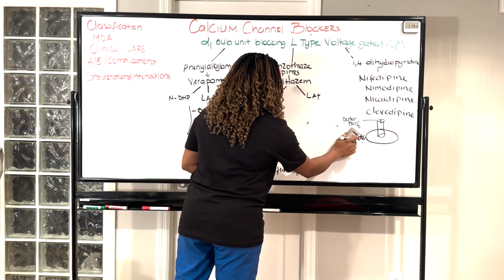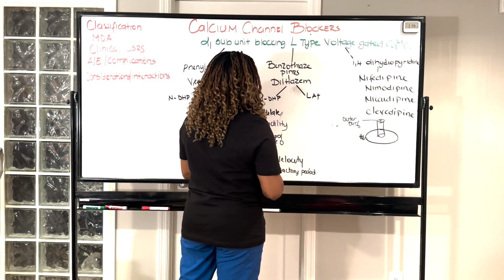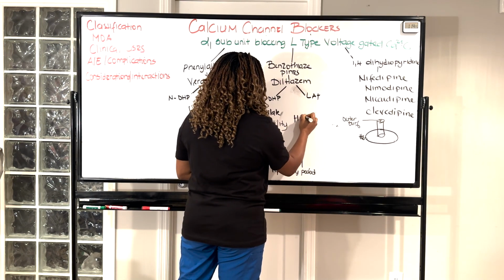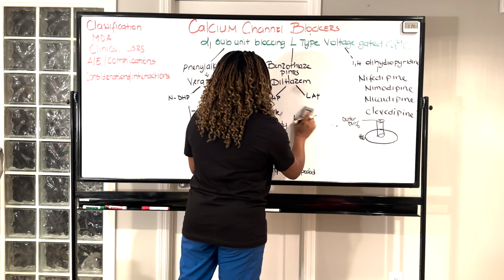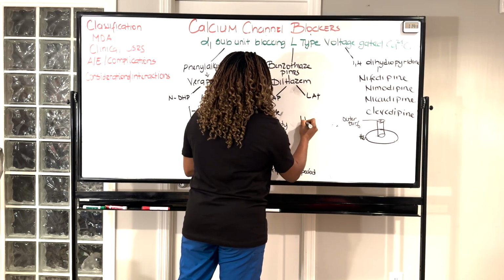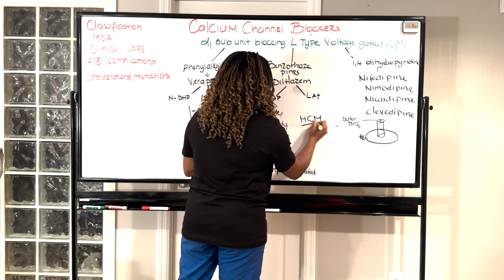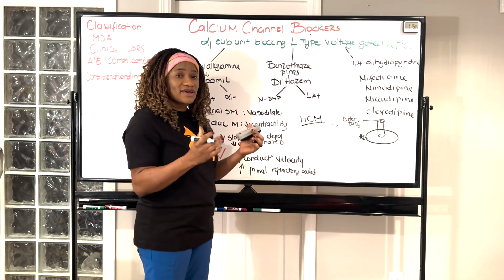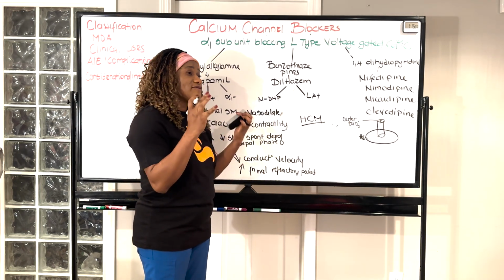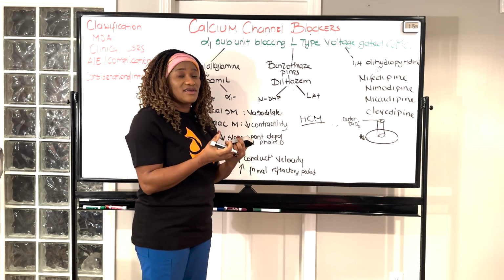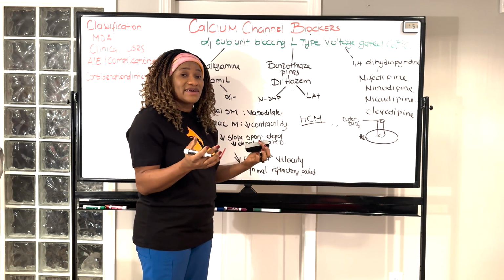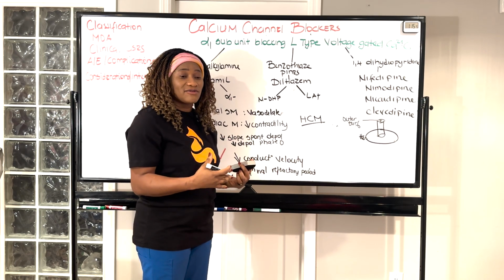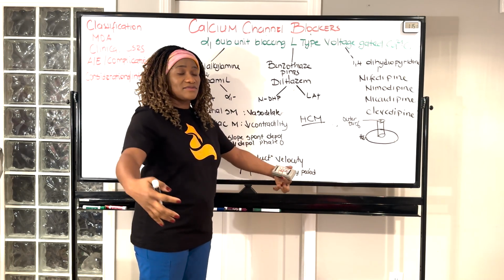We're also going to give them in hypertrophic cardiomyopathy. Normally in hypertrophic cardiomyopathy, the ventricle is very thick, so it loses its compliance, and you have decreased end-diastolic volume because it can't stretch to get this volume.